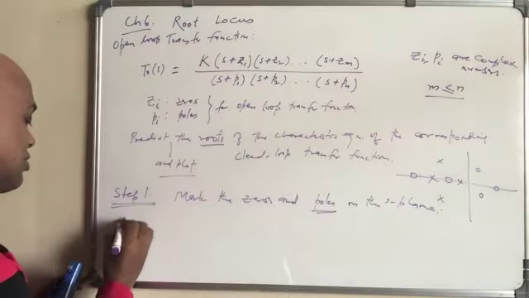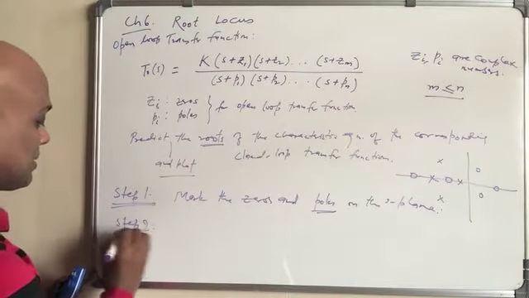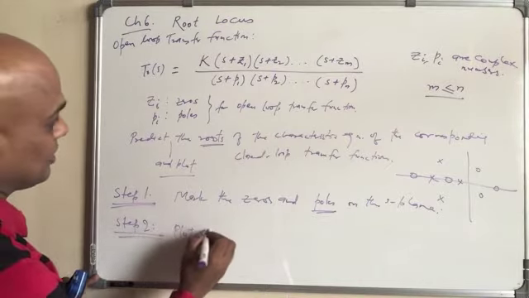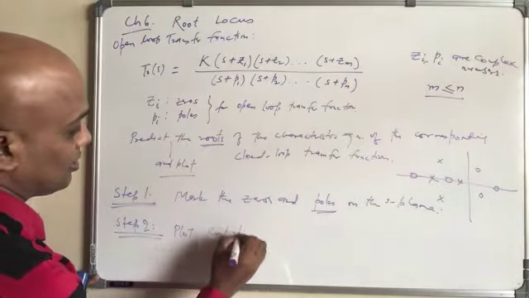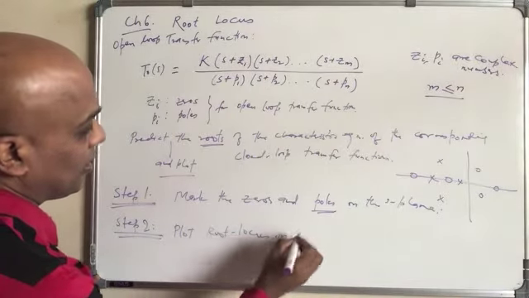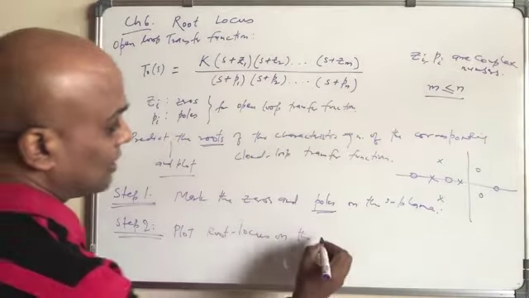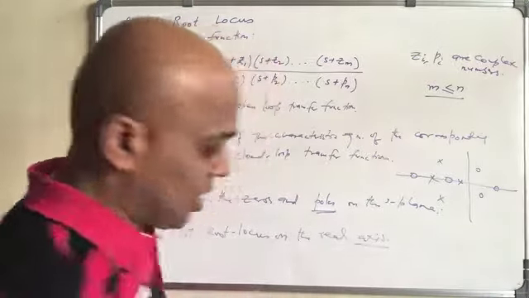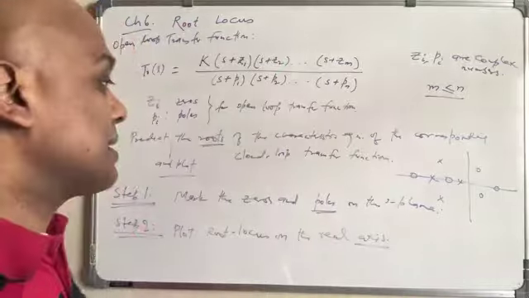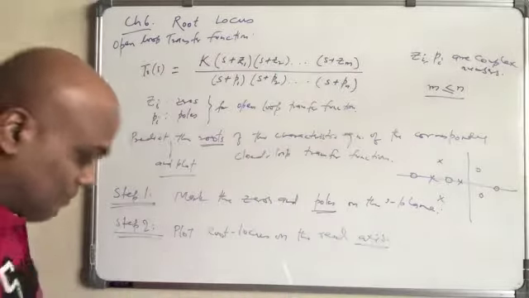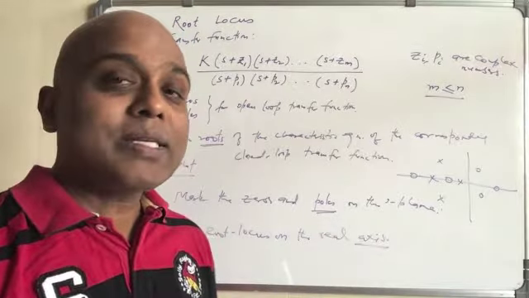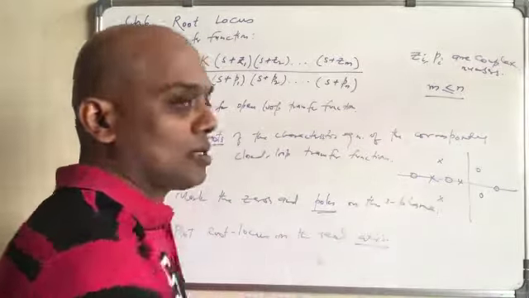So step 2 will be to plot the root locus on the real axis. On the real axis, it is very easy to plot.